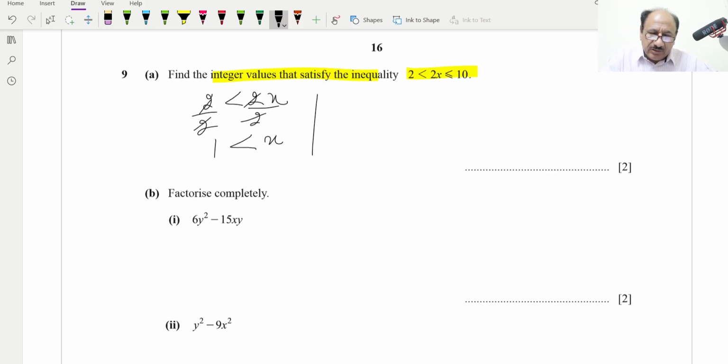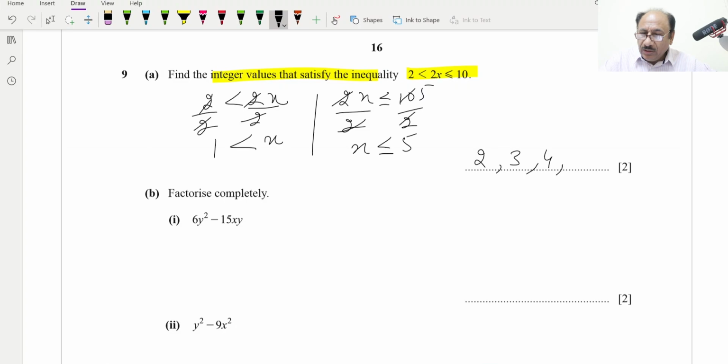This side is giving us x is greater than 1, so the other side we can break like this and divide by 2. So this will be 5, so x is less than or equal to 5. So numbers between 1 and 5 excluding 1 and including 5 will be what? 2, 3, 4 and 5.